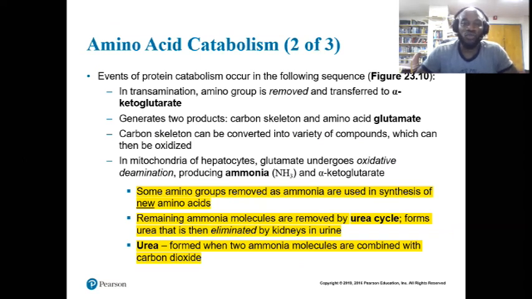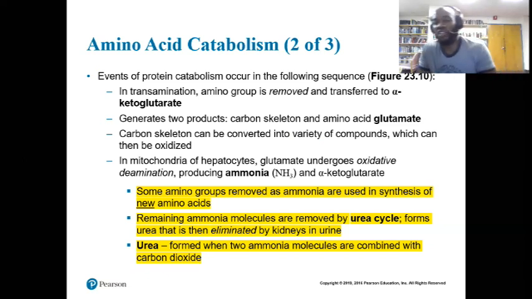Transamination: the amino group is removed and transferred to an alpha-ketoglutarate. This generates two products, a carbon skeleton and the amino acid glutamate. The carbon skeleton can be converted into a variety of compounds, which then are oxidized.